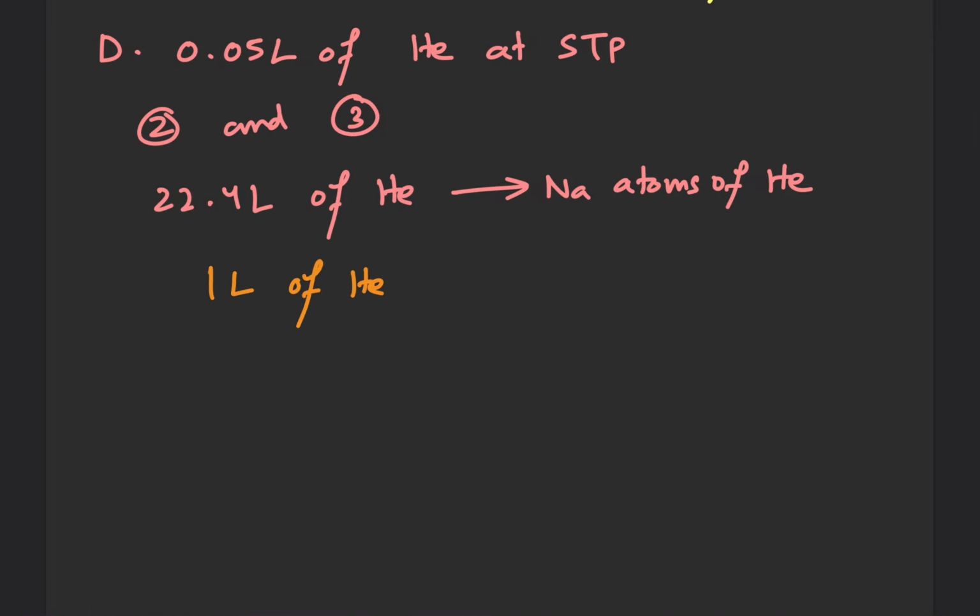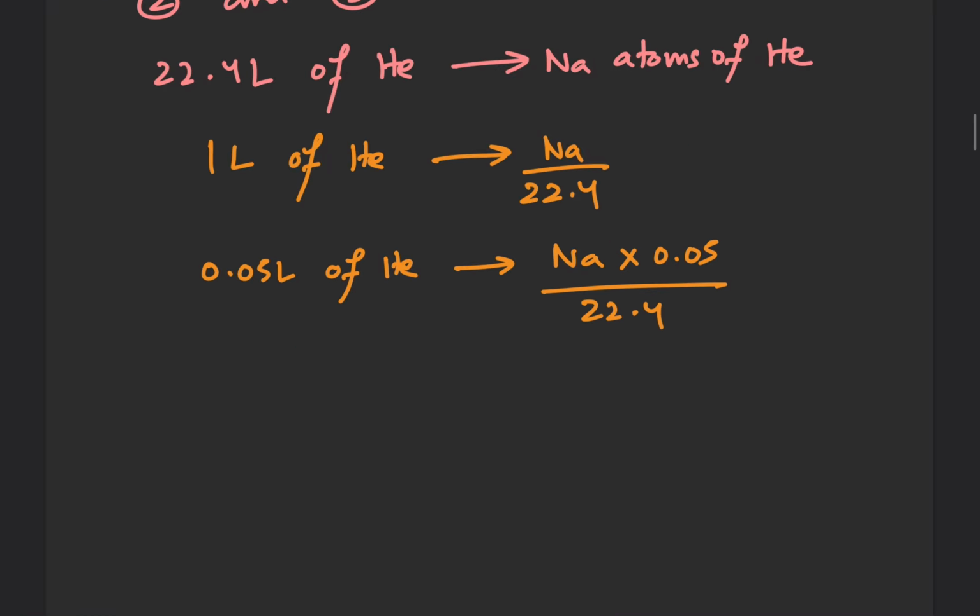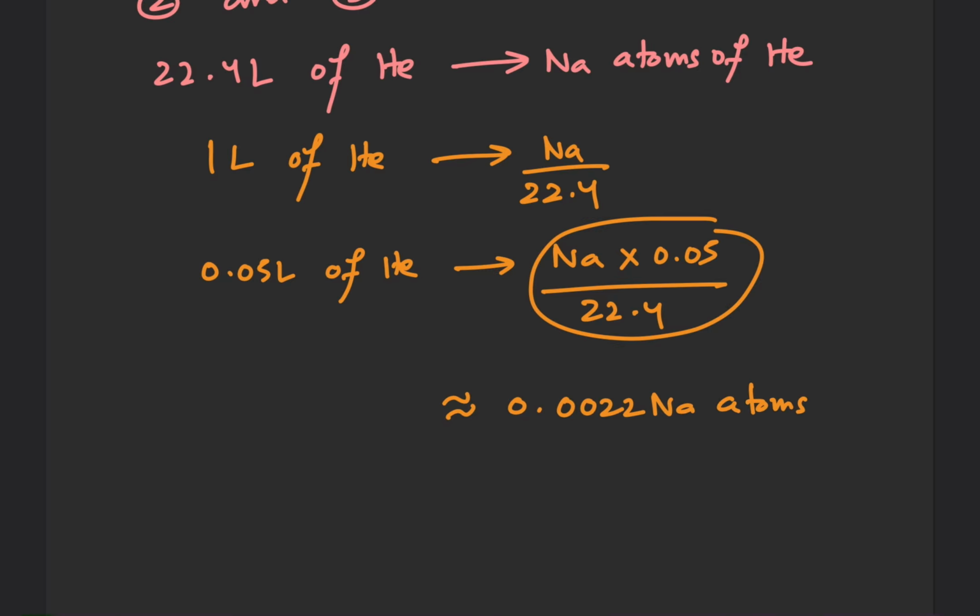Therefore 1 liter of helium will have Na divided by 22.4 atoms, so 0.05 liters will have Na into 0.05 divided by 22.4 atoms of helium. Approximately, this is 0.0022 Na atoms of helium.